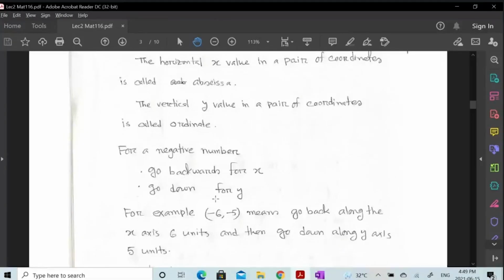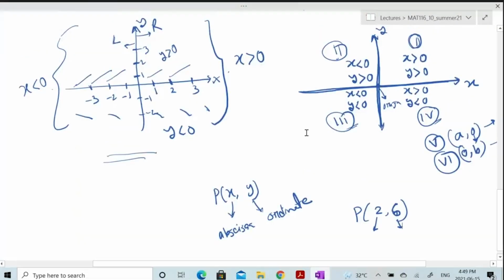This is nothing. This is just like if I give you a point -6, -5. In which quadrant is this going to lie? Third. Both are negative, so it will be the third quadrant. Exactly.